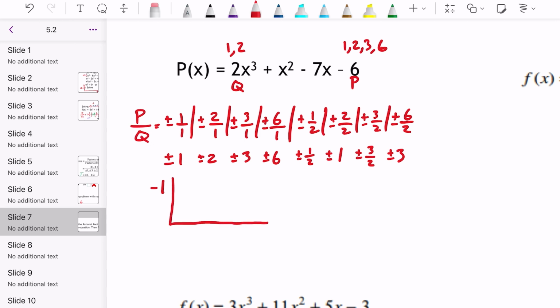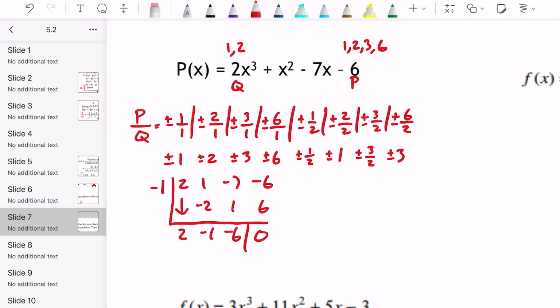In this case, 2, 1, negative 7, negative 6. 2 drops down, negative 2, this would be negative 1, positive 1 would be negative 6, positive 6, we end up with a 0. In this case, we ended up with a perfect scenario in which our first number that we tried is a factor.